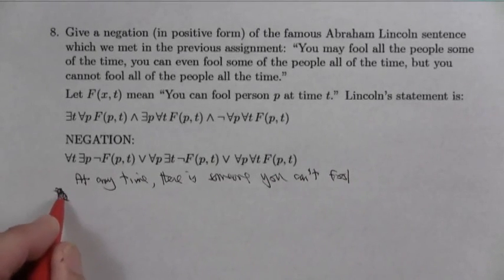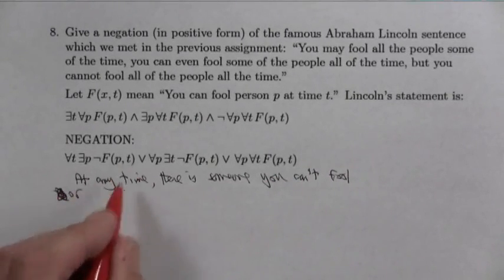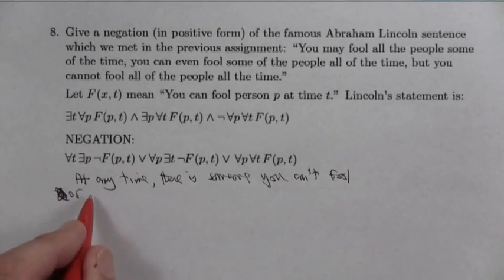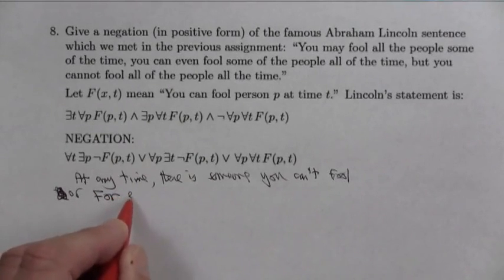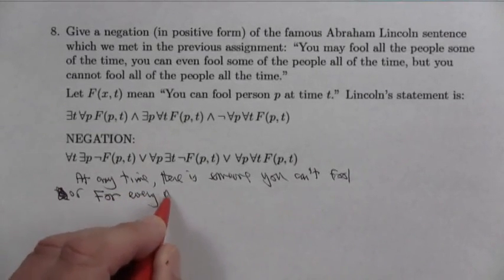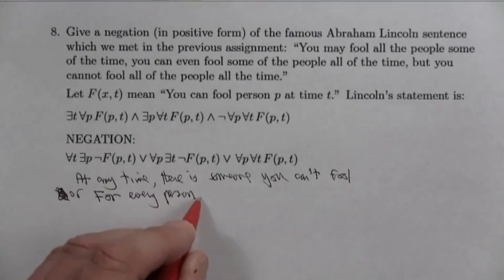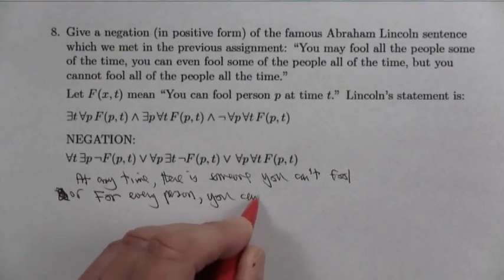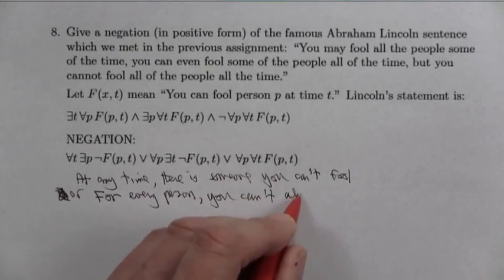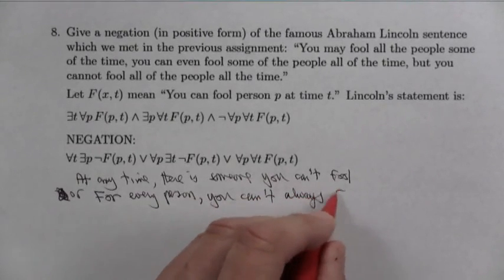Whoops, or, because we've negated, or, okay, let's have a look at this one. Yeah, I can't really think of anything better than to say the following. For every person, you can't always fool them.